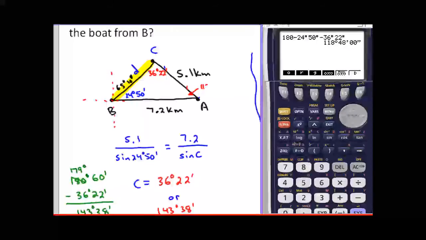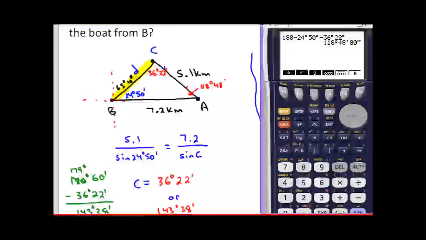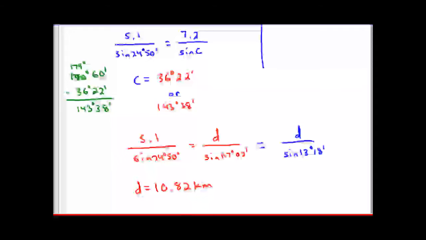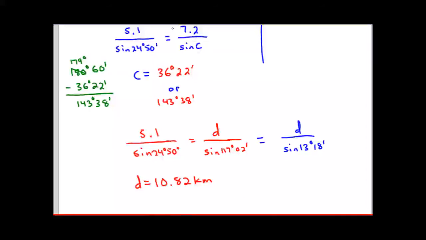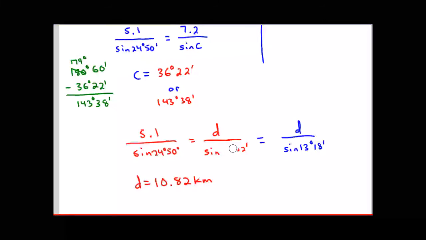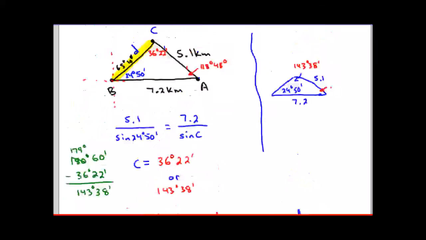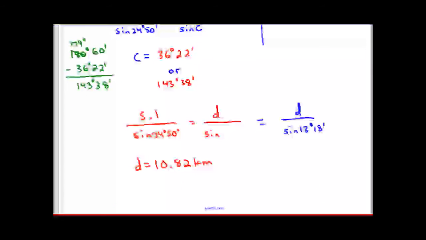So when I come down here, this right here should have been 118 degrees, 48 minutes. And this angle right here is going to change as well, and so is this answer.